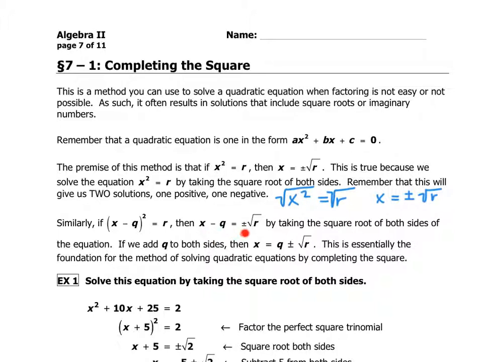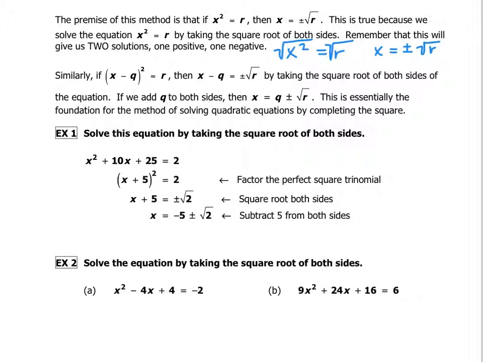The square root of r is plus or minus the square root of r. So then what we're going to do is add q to both sides of the equation. That gives us x all by itself, and it equals q plus or minus the square root of r. This is essentially the foundation for the method of solving quadratic equations by completing the square.